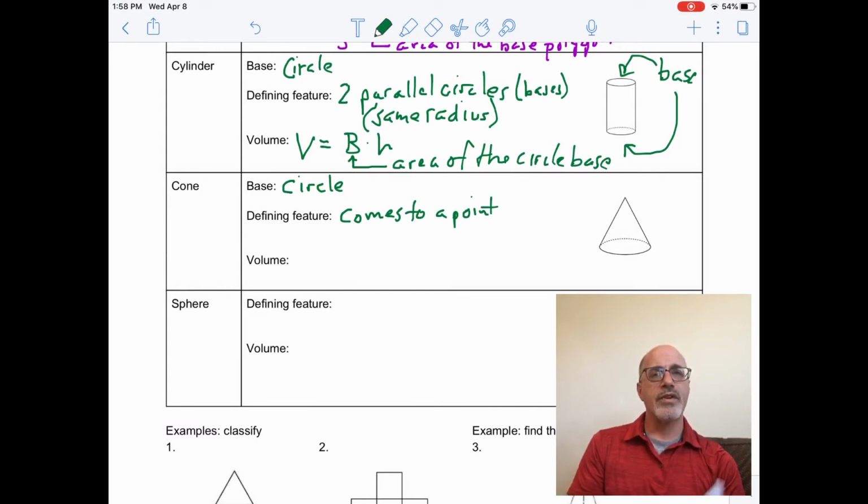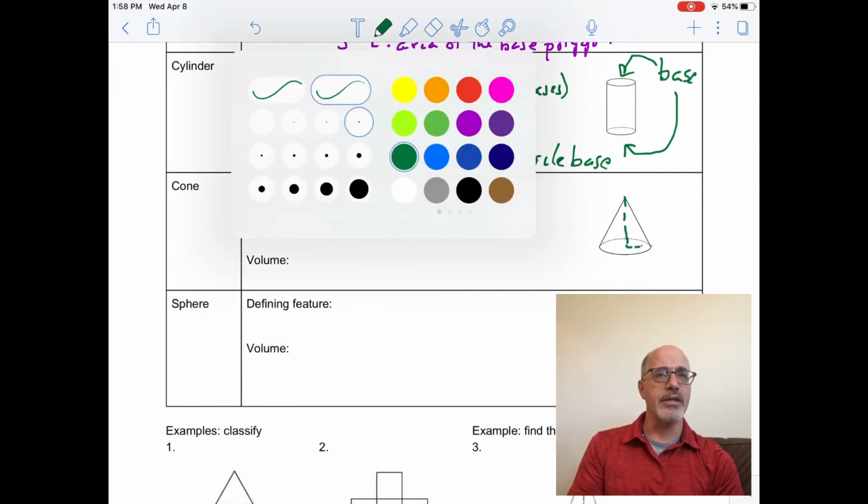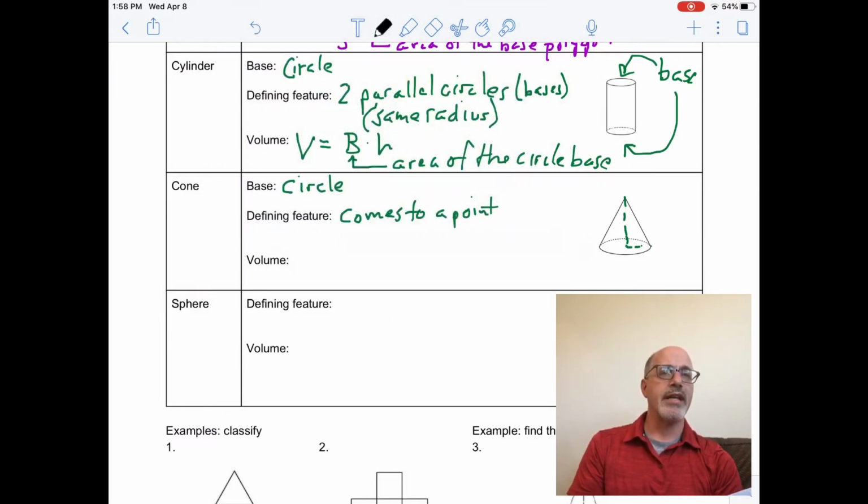So a cone is very similar to the pyramid. This is kind of like the problem we did with the helicopters. So to find this volume, we need to know how tall the cone is. So we label the height of it as h.